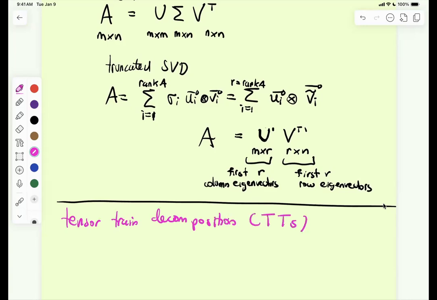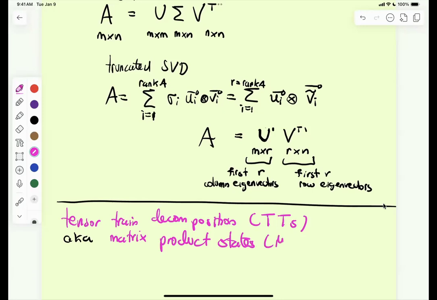As I mentioned before, tensor trains also go under the name matrix product states, and I'll remind you why you usually call them that once we do some examples. The second terminology is more common in physics, or I think that's where we are.